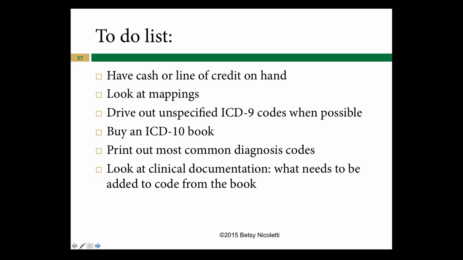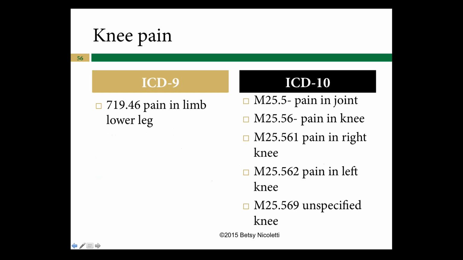Because let's go back to the knee pain. I'm going to go back a slide here. If you have 719.46, your system, if it's going to map, it's going to map to M25.569, unspecified knee pain, because it can't choose whether it was the right or the left, can it?